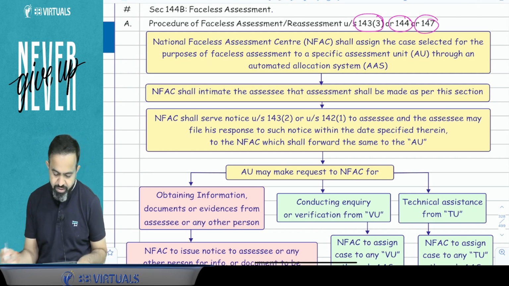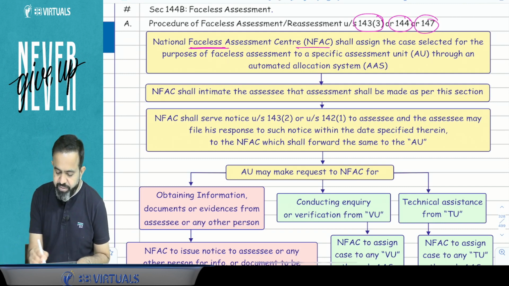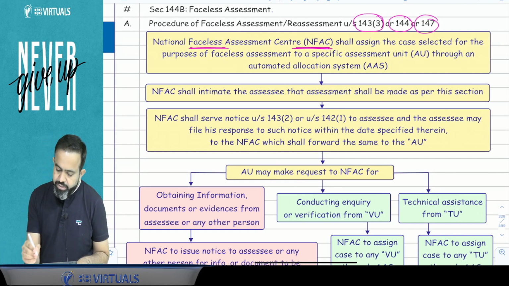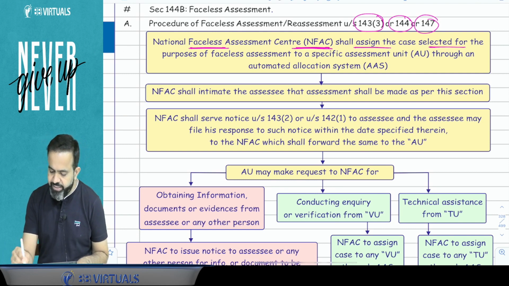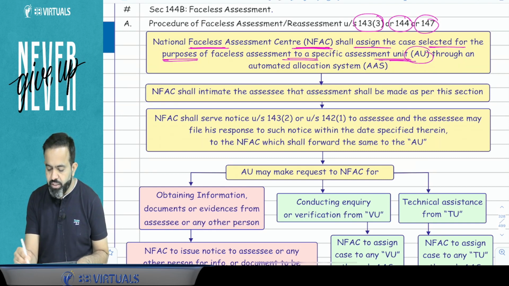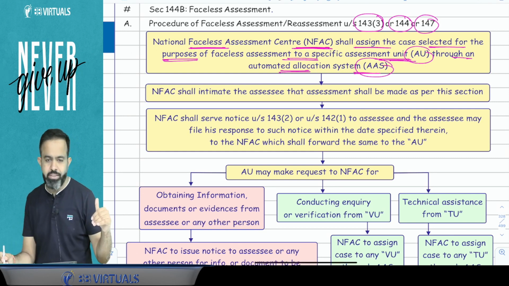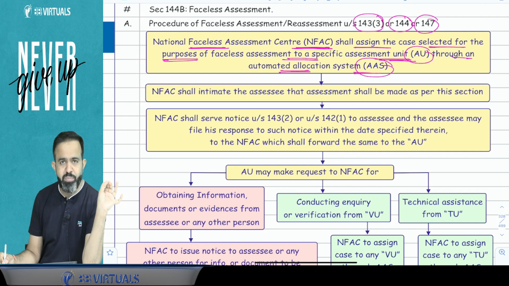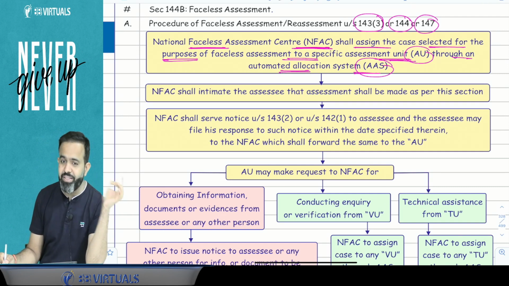Here, the first part is the National Faceless Assessment Center, that is NFAC. What will NFAC do? They shall assign the case selected for the purpose of faceless assessment to the specific assessment unit through an automated allocation system. So through the automated allocation system, they will assign your case to an assessment unit. Now your case is with the assessment unit.